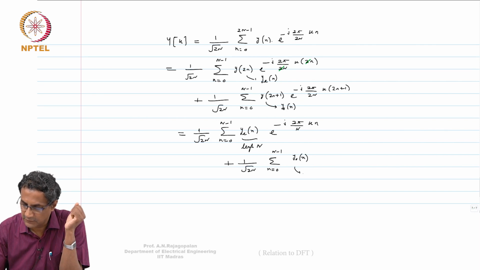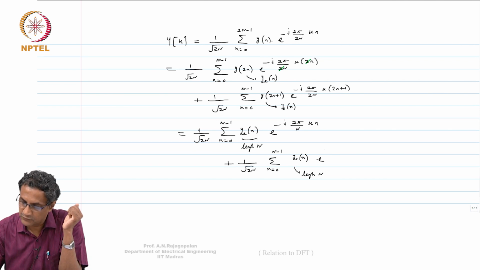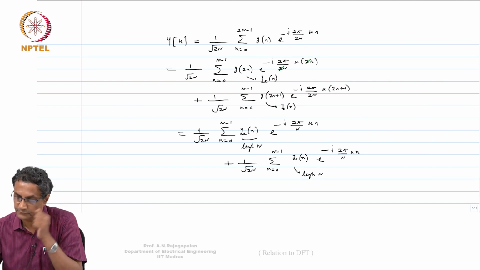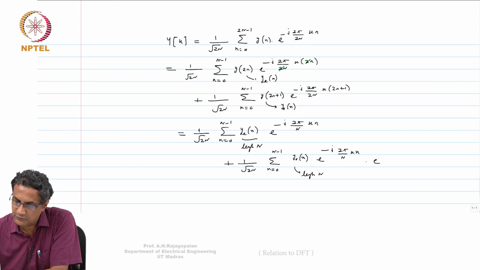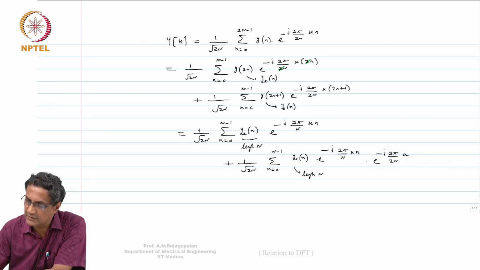These are the odd values, so this is again length n, and then e raised to minus j 2 pi by n kn, into this other term, e raised to minus j 2 pi by 2n k. This is independent of n, so it can be brought out.